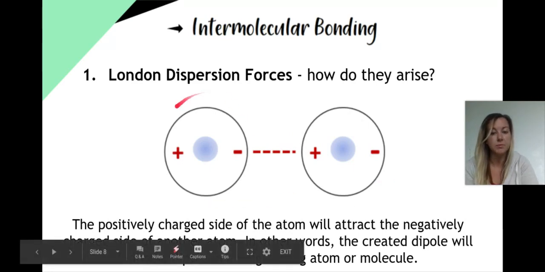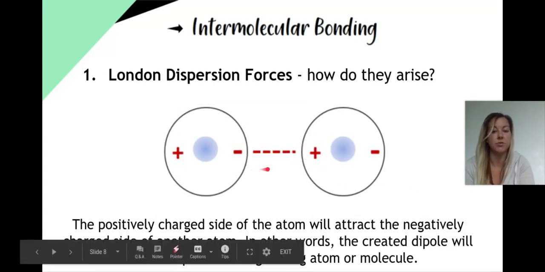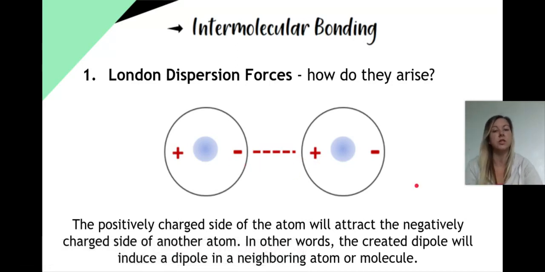So if there's another atom here, its negative side is going to be attracted to the positive side of the other atom, and that is going to create a force of attraction between the two atoms. Now, that force of attraction is the London dispersion force. And as I said before, it's the weakest type of attraction. These only last for milliseconds, so these are extremely easy to break.